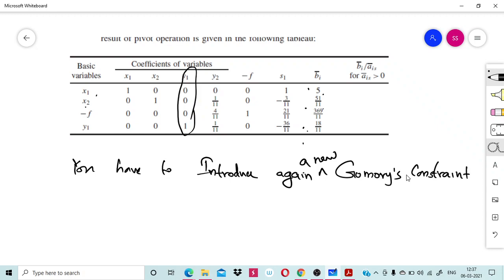For that you have to construct a new Gomory's constraint.